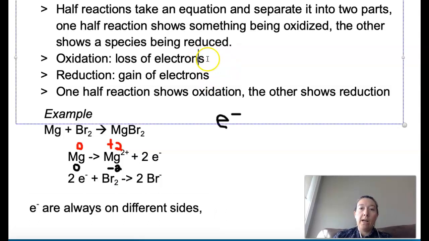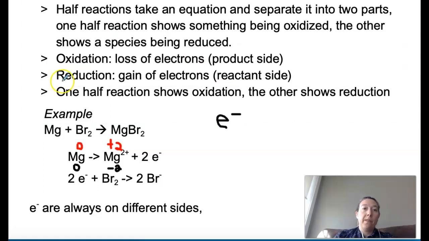You can add that to your notes if you want. Gaining electrons means that they are on the reactant side. Sometimes you guys like to notice that reduction and reactant both start with that R, right? That can help you recognize, oh, my electron's on the reactant side, this is going to be reduction.